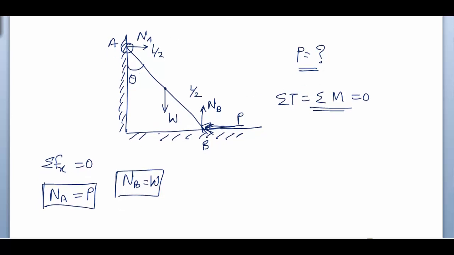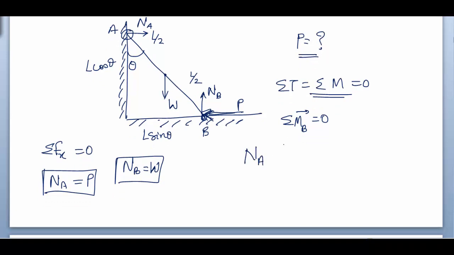So we take this point B, summation of moment at B should be 0. This is theta, this is L, then it will be L cos theta and it is L sin theta. Also N A into L cos theta, this is N B. The moment due to this will be 0 because it is acting on the same point, so it can be neglected.